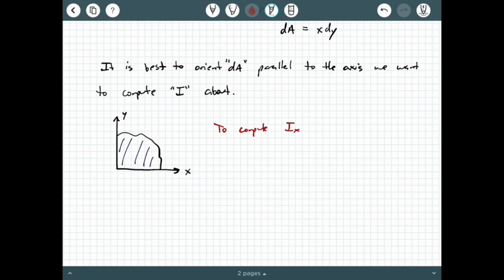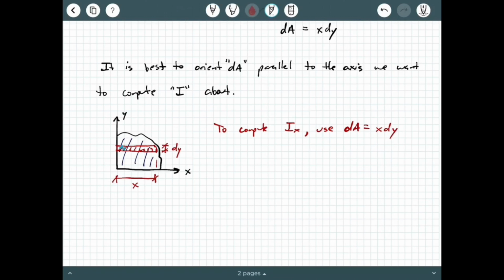So for I sub x, I would say we should orient dA like this. And when you orient dA, what is this dimension right here? This vertical dimension is dy, okay? And then the width dimension right here is what? Is our x value, okay?